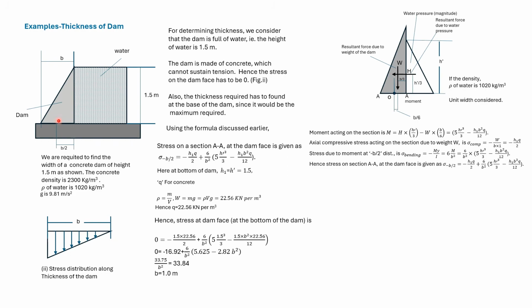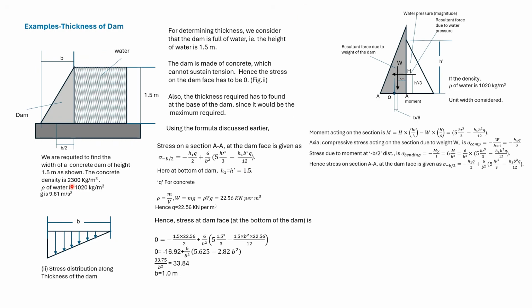Concrete cannot be subjected to tension, so the stress at the dam face at the bottom here has to be 0. In this expression, both H1 and H dash are 1.5 because this dam is filled to the brim.